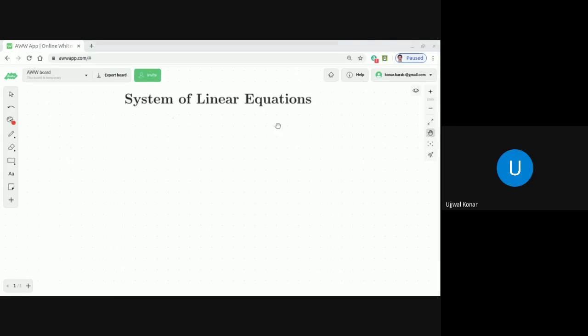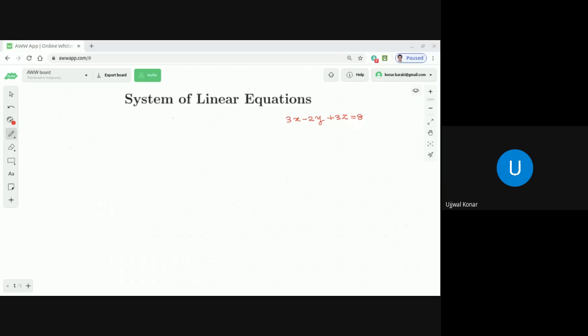So let me consider an equation something like this: 3x minus 2y plus 3z is equal to 8.